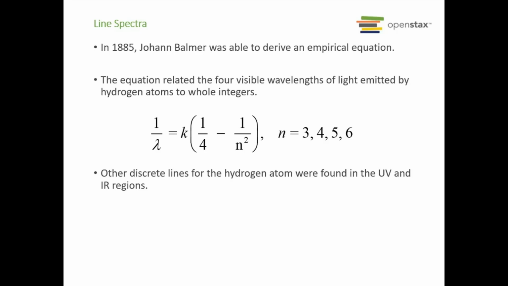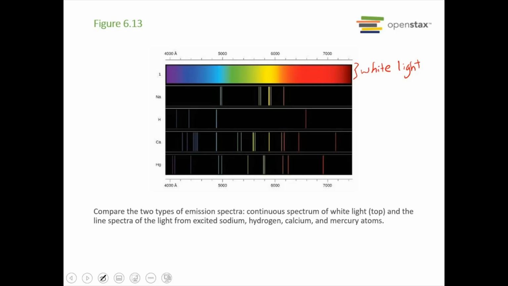Which brings us to 1885. Johann Balmer came up with an equation that related the 4 visible wavelengths of light emitted by hydrogen atoms. Okay, so if we go back, hydrogen, it's the second one here. See, there's 1, 2, 3, 4 wavelengths of light that we can see.